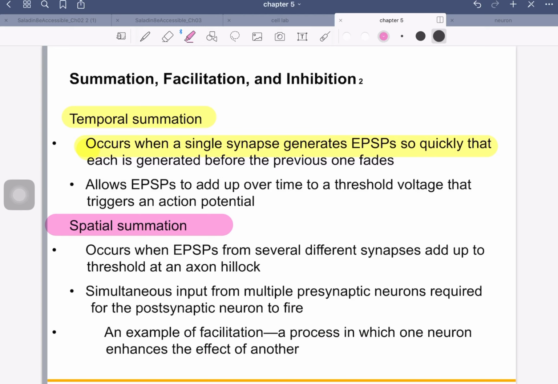And because those neurons are synapsing at different parts in the dendrites or even in the cell bodies, this effect is coming from a number of locations on that postsynaptic neuron. It's getting influenced, so we call it spatial summation. So we get simultaneous input from multiple presynaptic neurons on the postsynaptic neuron.